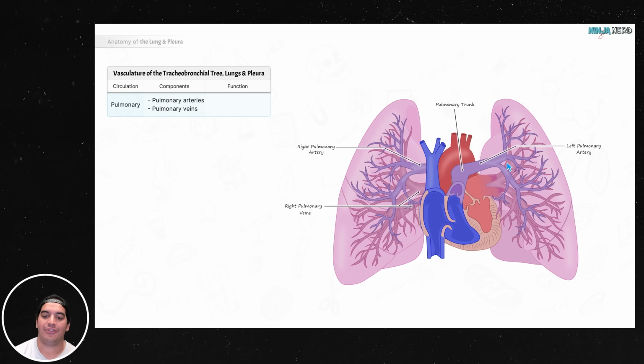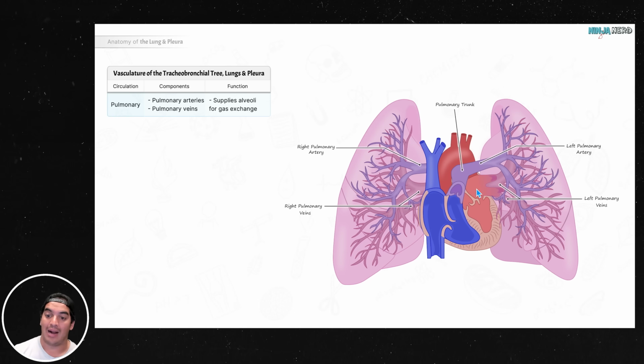Now, after gas exchange occurs at the alveoli, blood is going to come via the pulmonary venules and empty into the pulmonary veins. There are going to be 4 pulmonary veins, and these pulmonary veins should all empty into the same place, and that is the left atrium. All right. So the whole purpose of the pulmonary circulation is to do what?